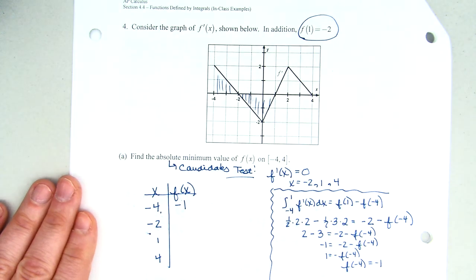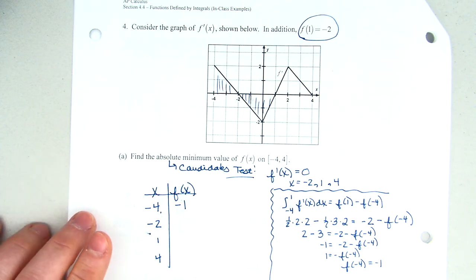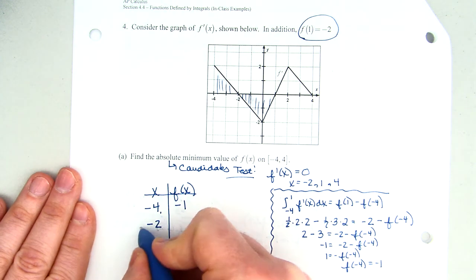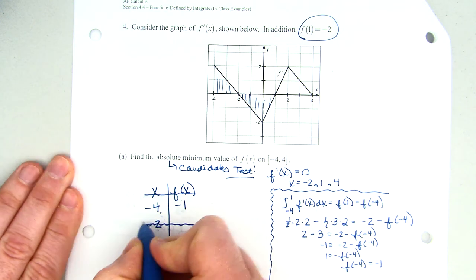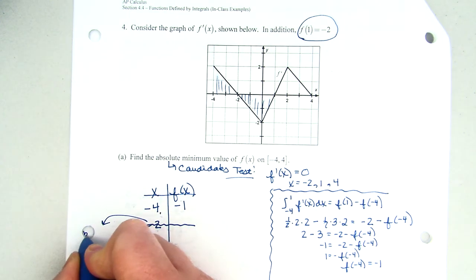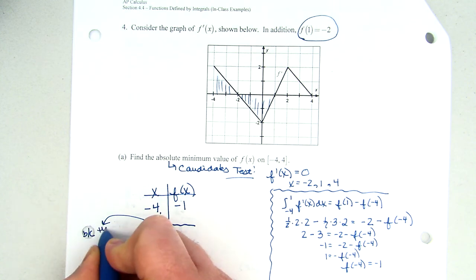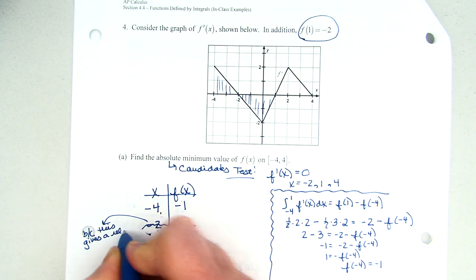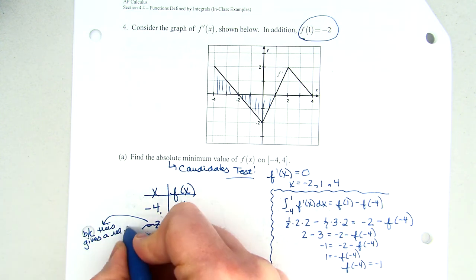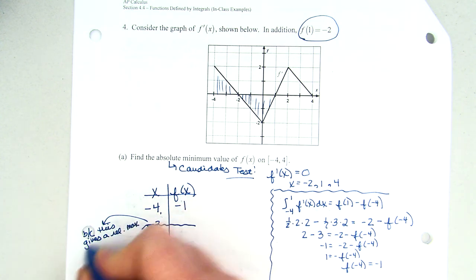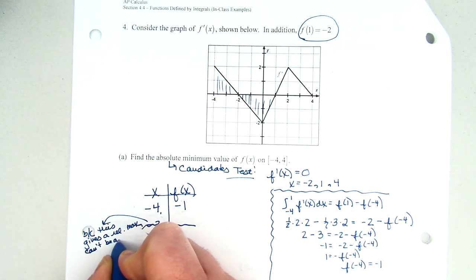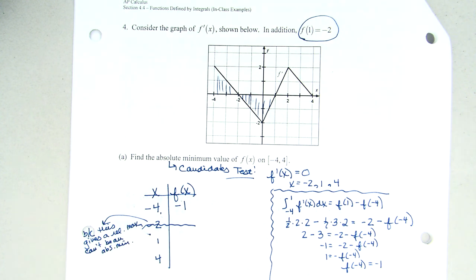A relative maximum can't possibly be an absolute minimum, which means, you know what? I don't even have to do this. Let me write out my justification here. I'm skipping this one because this gives a relative max, which can't be an absolute min. So I can ignore that.